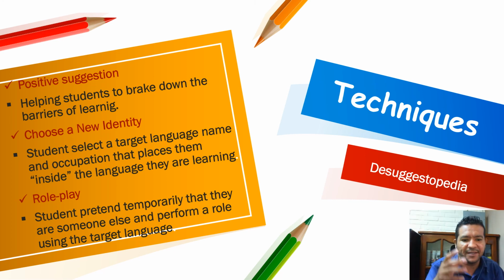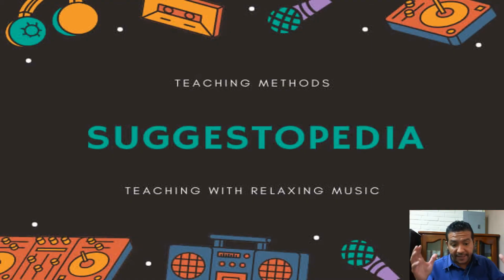So that's the way that Suggestopedia tries to explain to teachers today. In general terms, the Suggestopedia teaching method uses relaxing music. For example, in my school, a lot of rooms have scenography for science, and in my case, the English classroom uses a TV as a CD player.